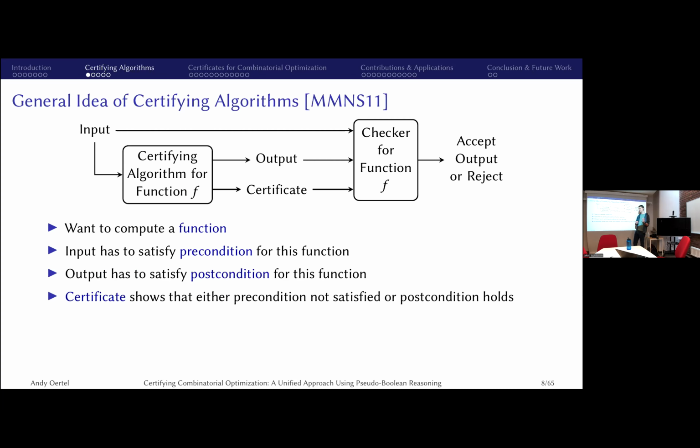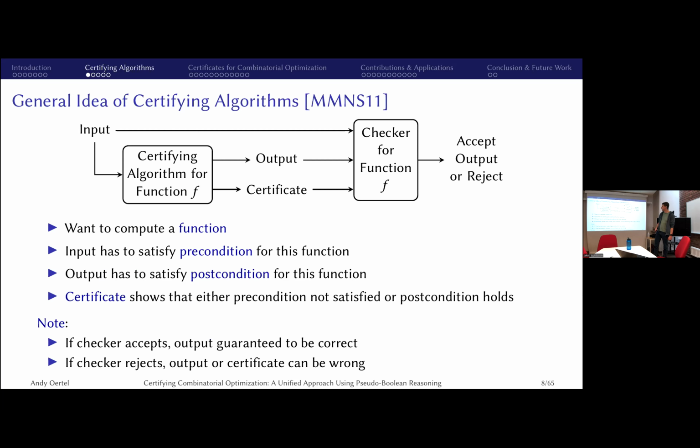The certificate then either shows that the precondition is not satisfied, so this is not a valid input, or it shows that the postcondition holds, saying that we computed correct output if the precondition holds. An important note for the checker is that if the checker accepts, then we have a guarantee that the output is correct.